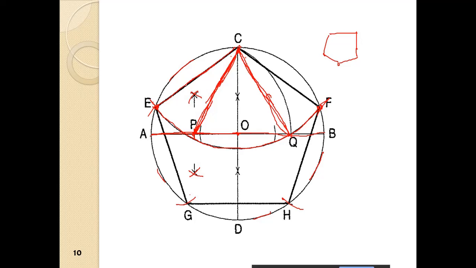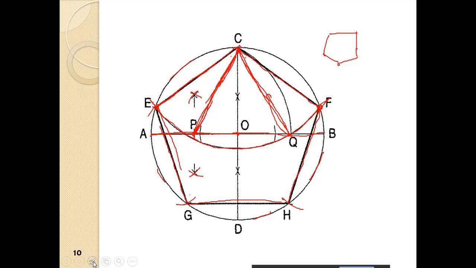So C to E to G to H and to F and to C. And we get the pentagon.